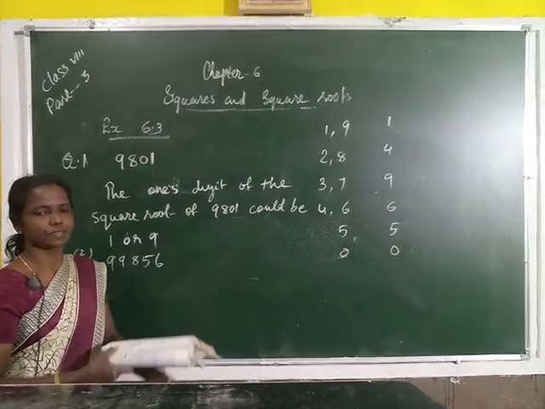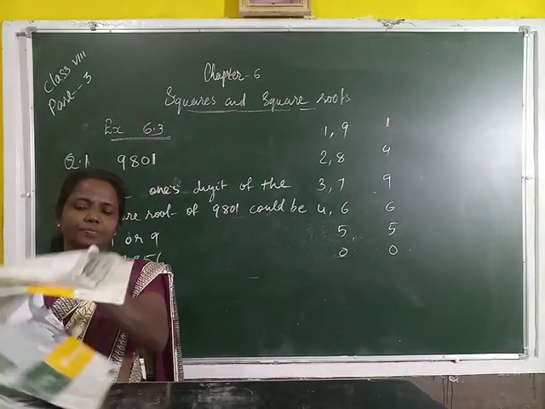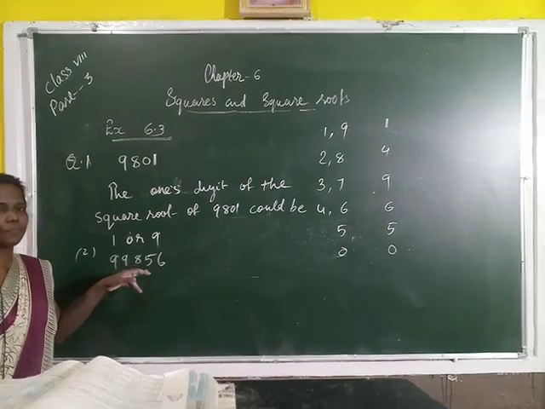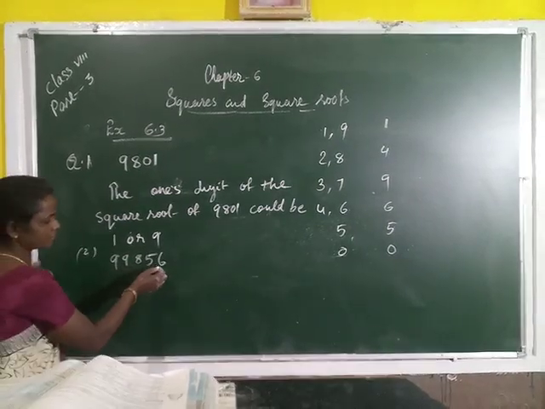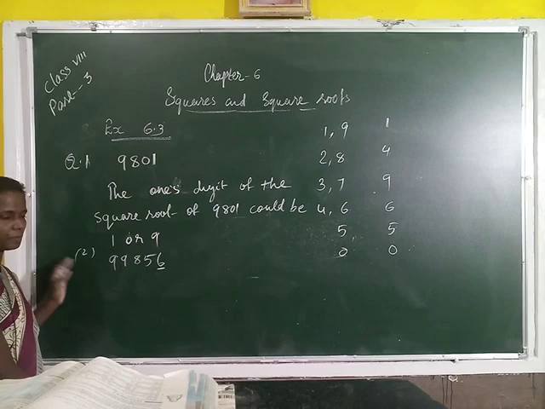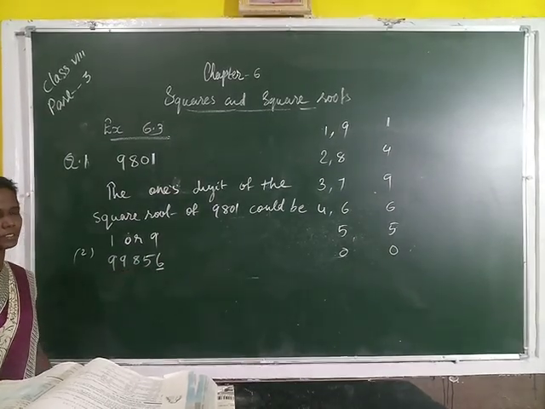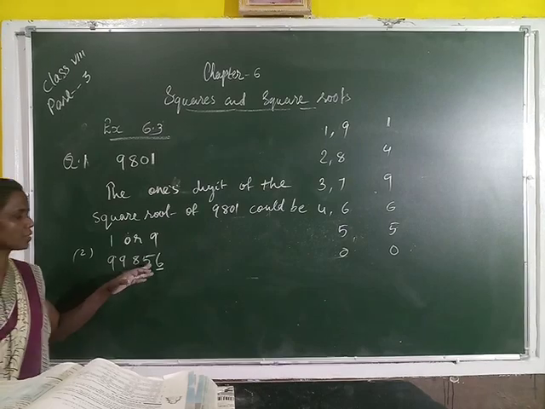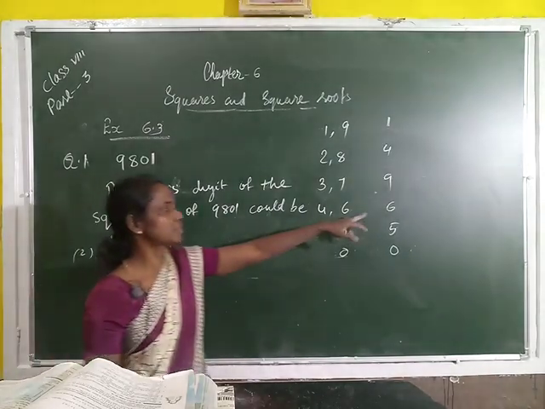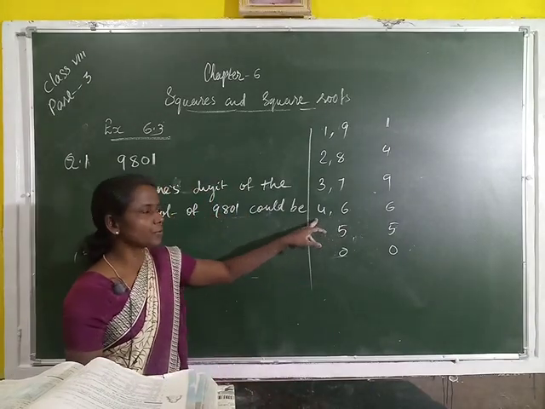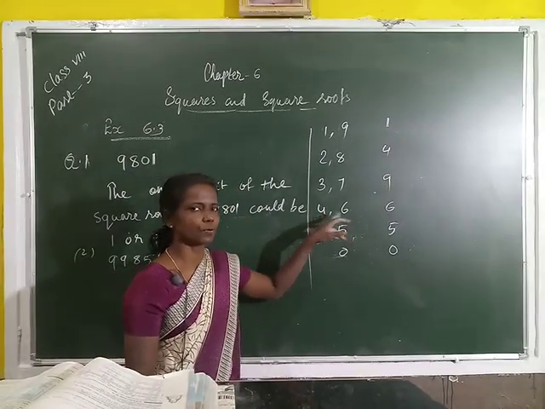Then second question, look, 99,856. This is a square number. Which number is the unit place? Unit place is 6. So the unit place of the square root is which number? For square numbers with unit place 6, the square root's unit place is 4 or 6.